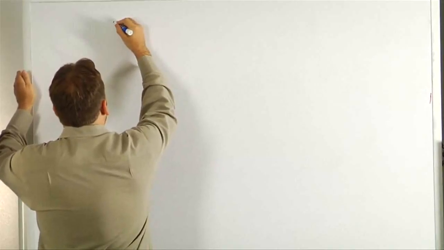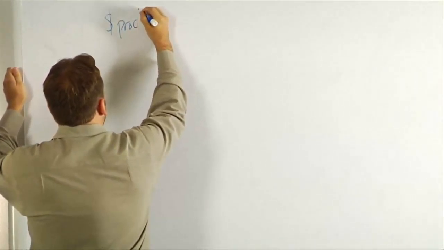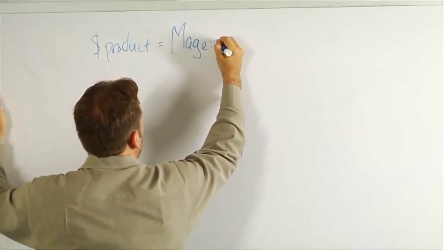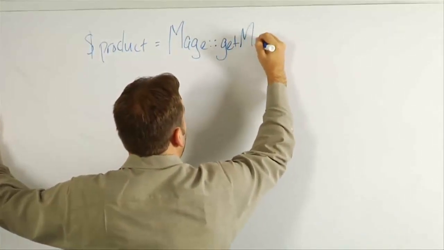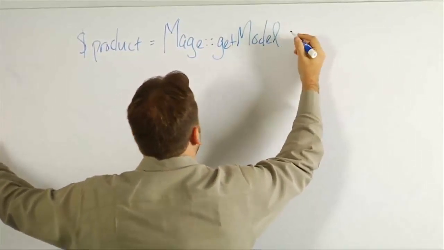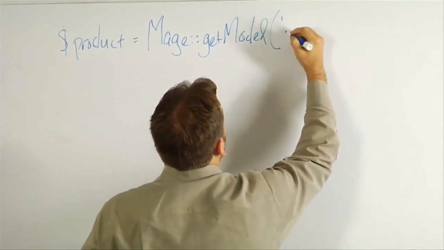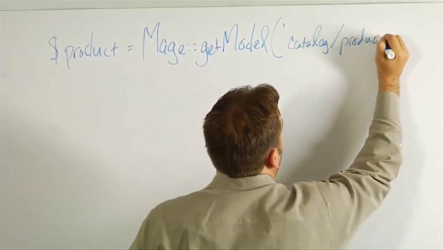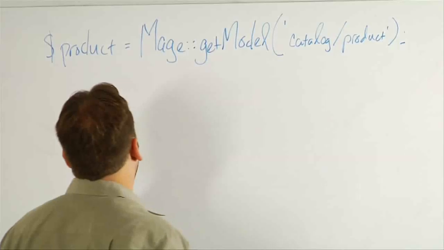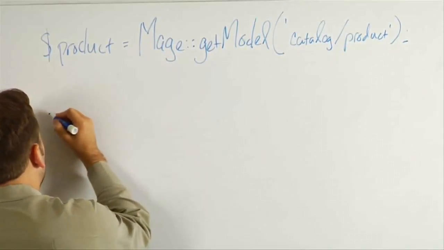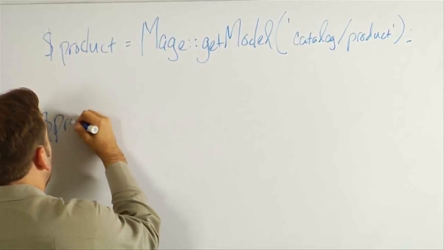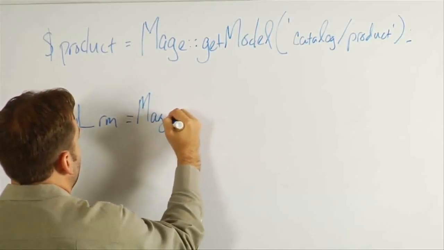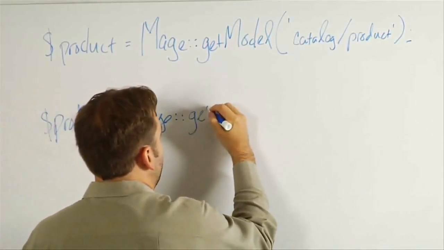So we might have Mage get model catalog product. And for a resource model, it's going to look very similar. We're just using a different static function.